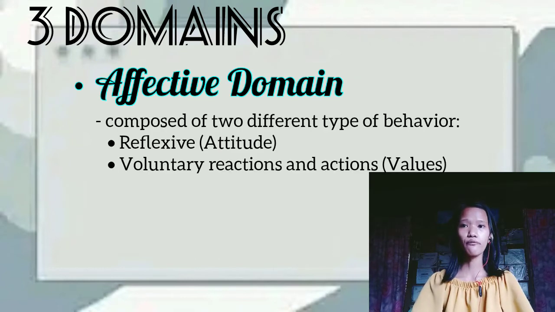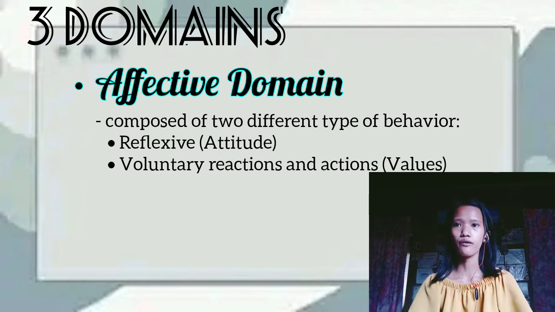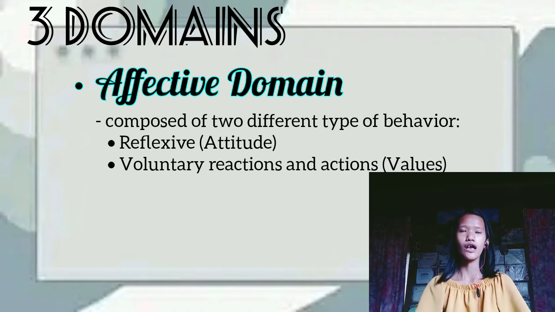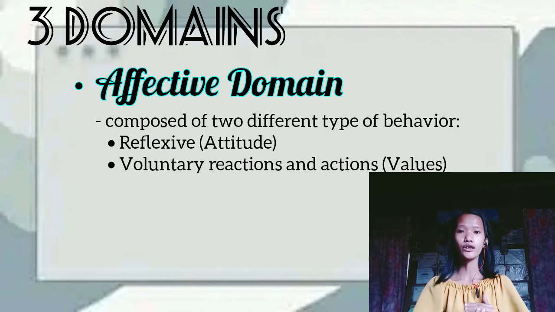It is composed of two different types of behavior. First, we have reflexive or the attitude. Second, we have voluntary reactions and actions or the values. Ito yung domain na kung saan binibigyang importansya ng learners kung ano yung objectives. Halimbawa, the learners give importance to the lesson.